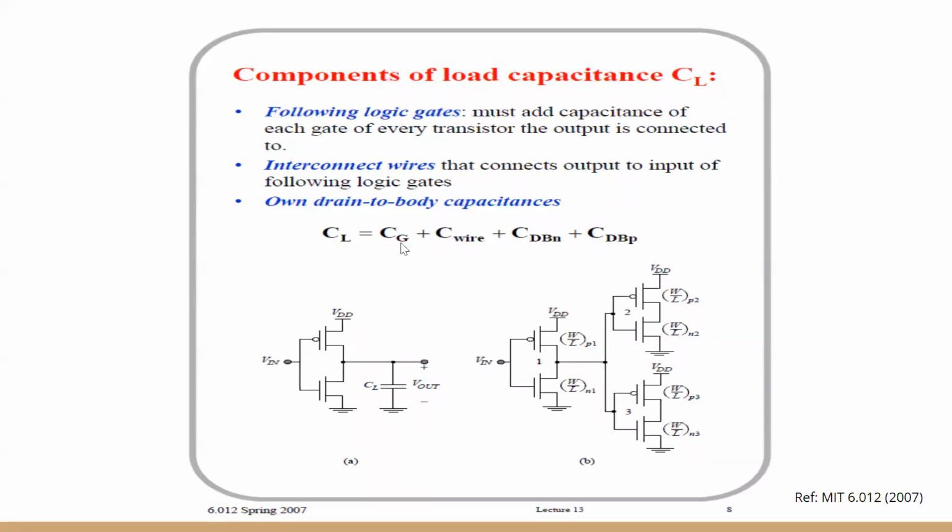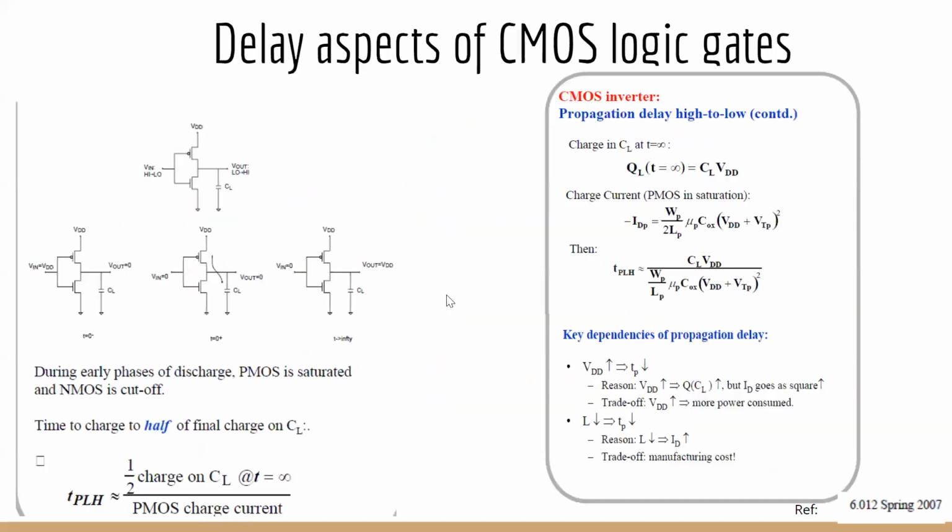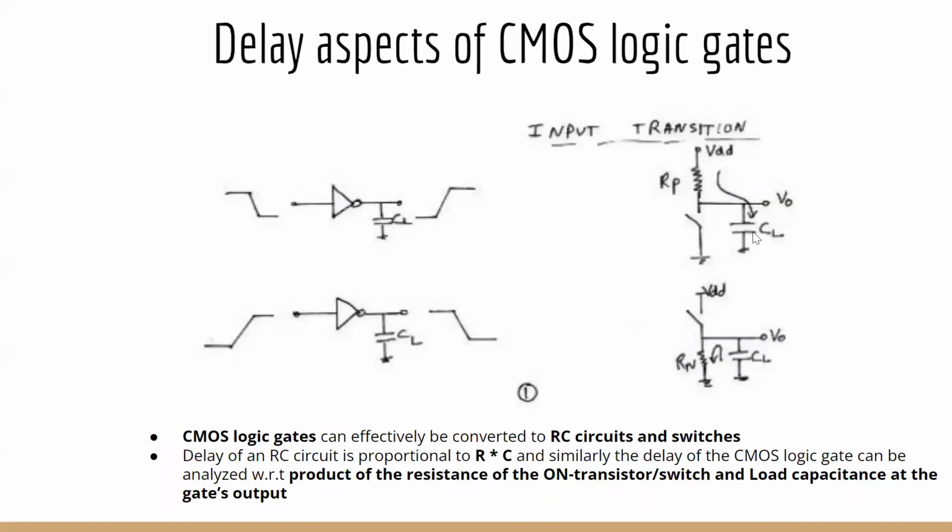One is gate load coming from the gates being driven by it, and wire being driven by it, but also its own parasitic capacitances, diffusion capacitances from the NMOS and PMOS. These are major factors here. Why? Because without this, how can you even build a complex circuit? Since a digital circuit is basically an RC circuit, without this load, your delay is primarily just what?